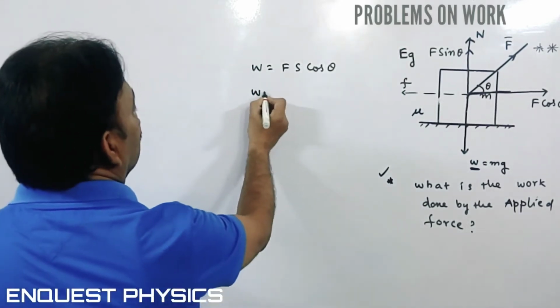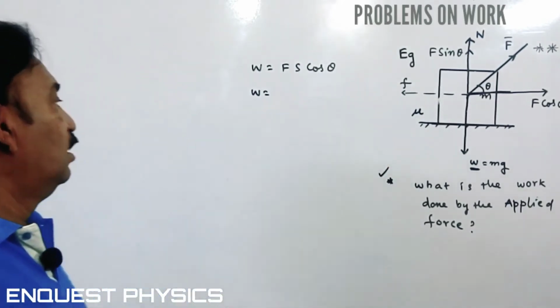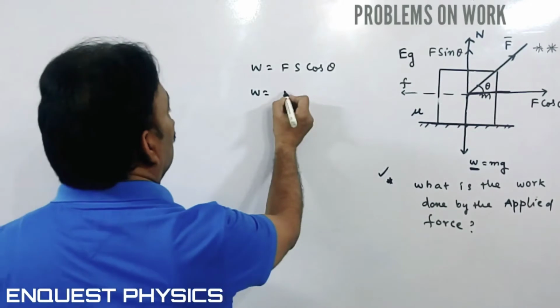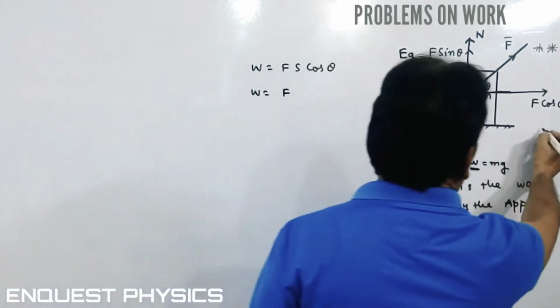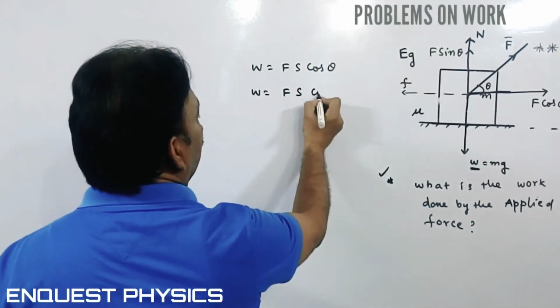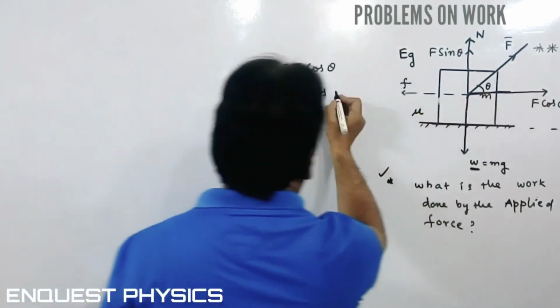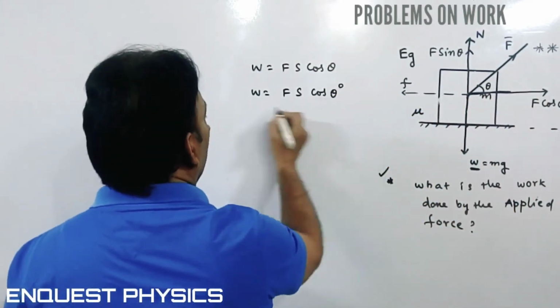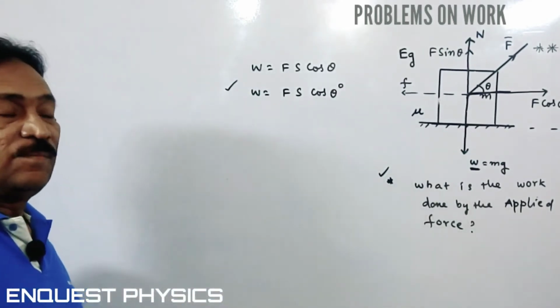So here, the work done is equal to force, and let it get displaced through a distance of S, so Fs, and the line of action is at theta.